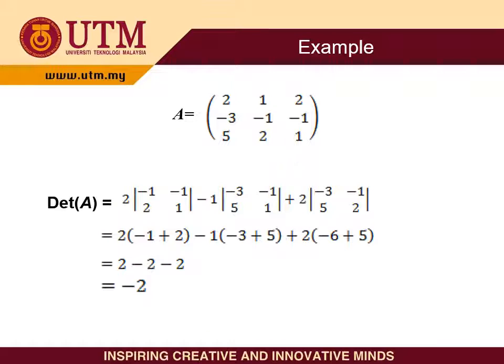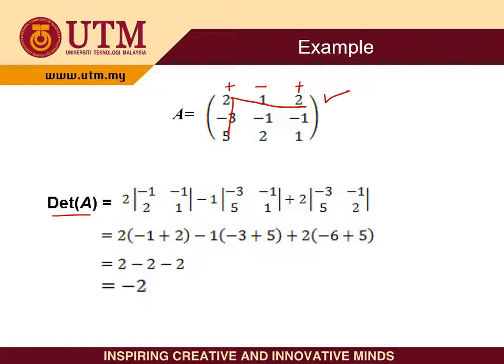Okay, now we have a 3 by 3 matrix. The first step is to find the determinant of A. So remember the steps that we used to find determinants. Let's say for the first row, we have 2, 1, 2. So this is a plus, this is a minus sign, this is a plus sign. Alright, and then we find the value.